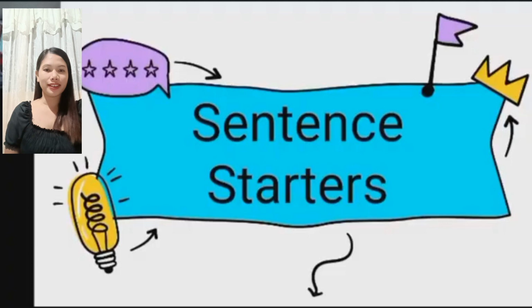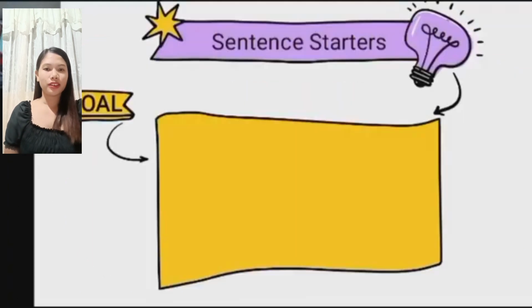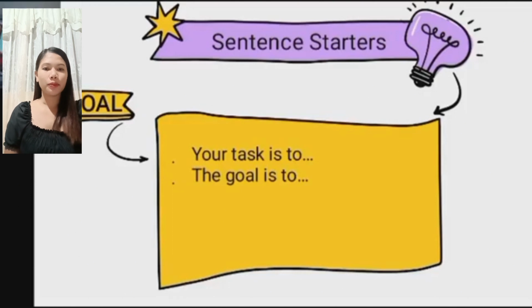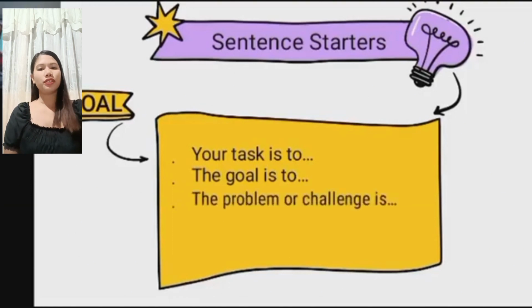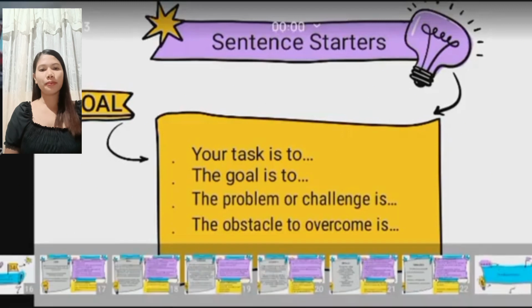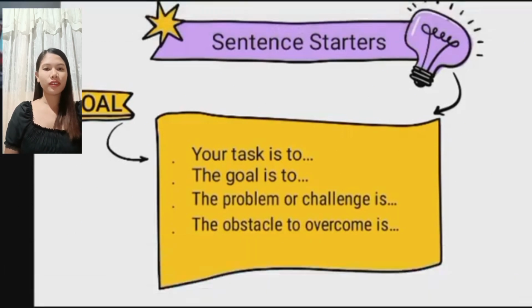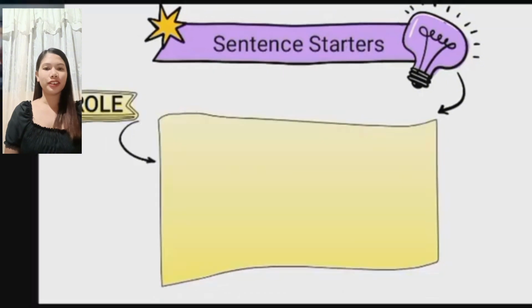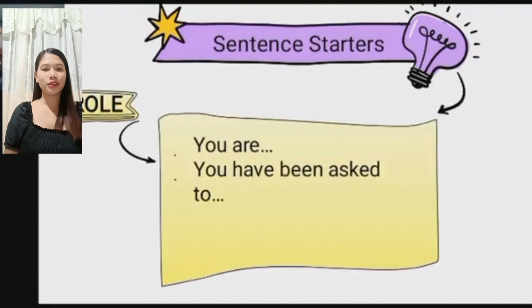So, for the sentence starters, for the goal, we can use sentences such as: your task is to, your goal is to, the problem or challenge is, the obstacle to overcome is. For the role, the sentence starters are: you are, you have been asked to, your job is.